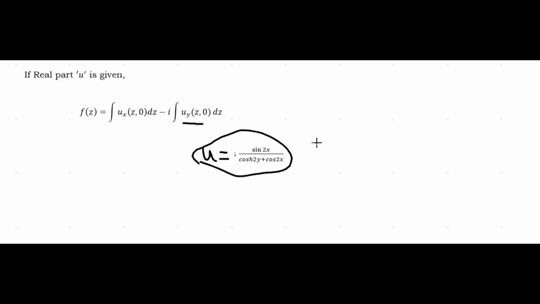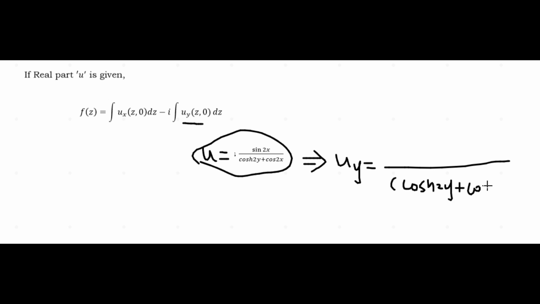By using the same u by v formula, dou u by dou y, that is uy, has denominator v square, and numerator v into u dash minus u into v dash. In the numerator, sin 2x is independent of y, so the derivative is 0.